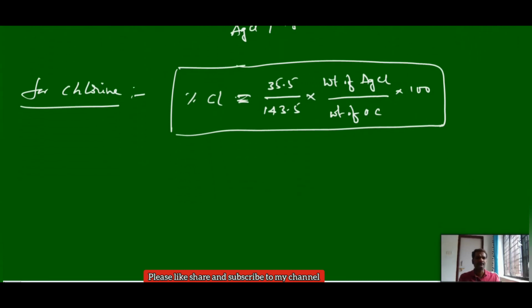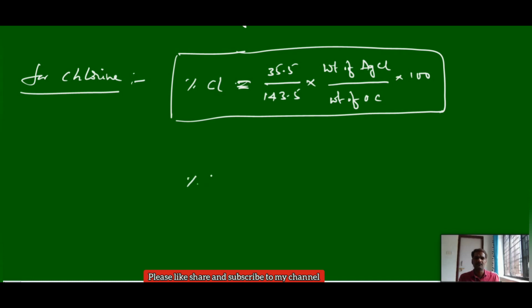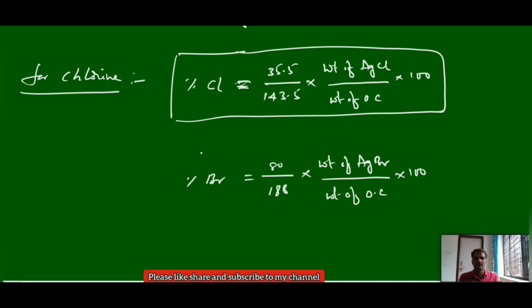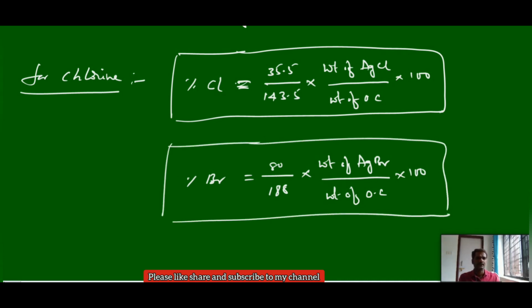The same we can apply for bromine percentage also. In the case of bromine, we will get silver bromide. So bromine atomic weight is 80 and the molar mass of AgBr is 188, into the weight of AgBr in place of AgCl, by weight of organic compound into 100. Like this, we can estimate the bromine. Similarly, iodine also.